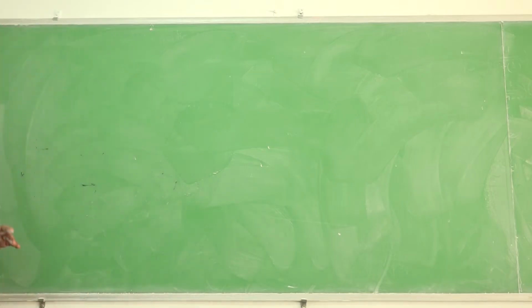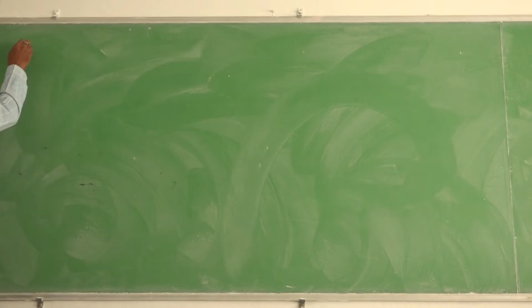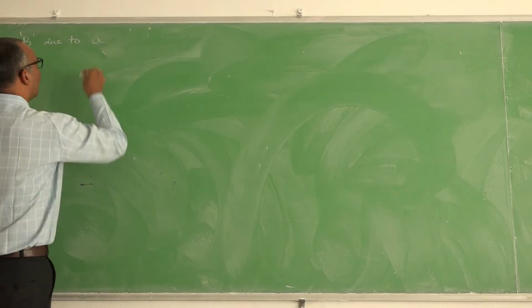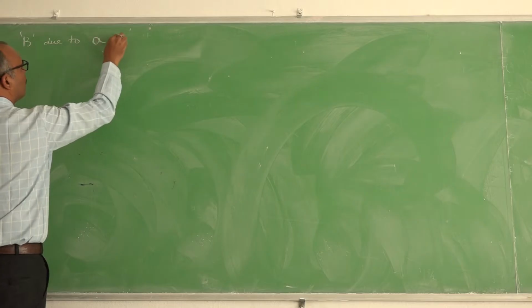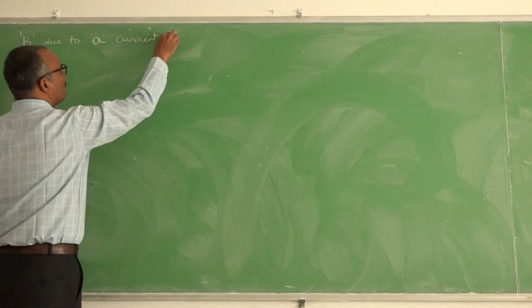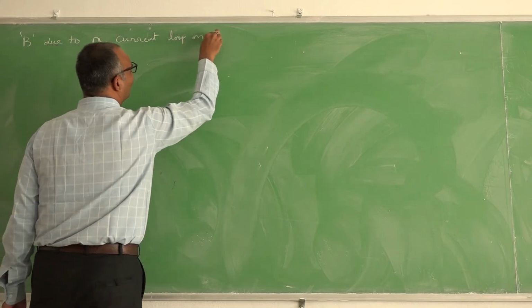Now I would like to calculate. Now let us discuss magnetic field due to a current carrying coil or current loop on an axial point.